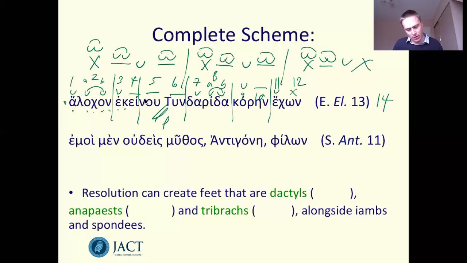Again, let's have another look at the second example. Count the number of syllables. Pause the video now if you want to do this. Moi men udes muthos antigone philon. 13 syllables. If I've counted correctly, I'm expecting one instance of resolution. This is the first foot, and the second foot, and the third foot. I know that the upsilon of muthos is long because it's got a circumflex.